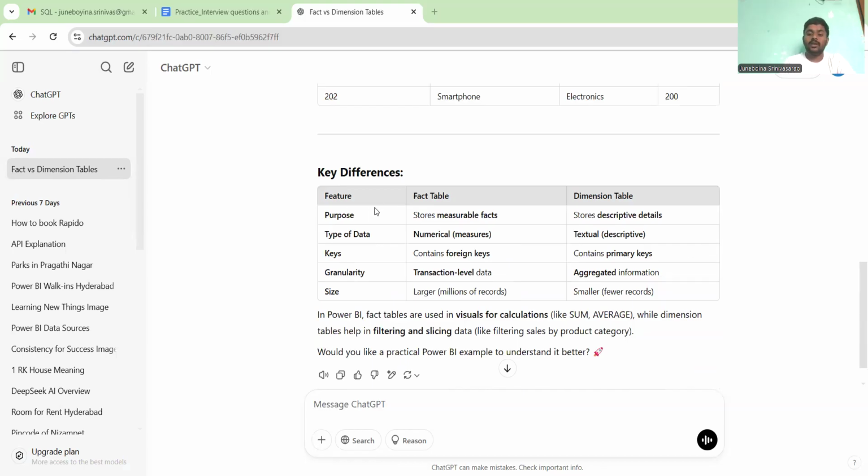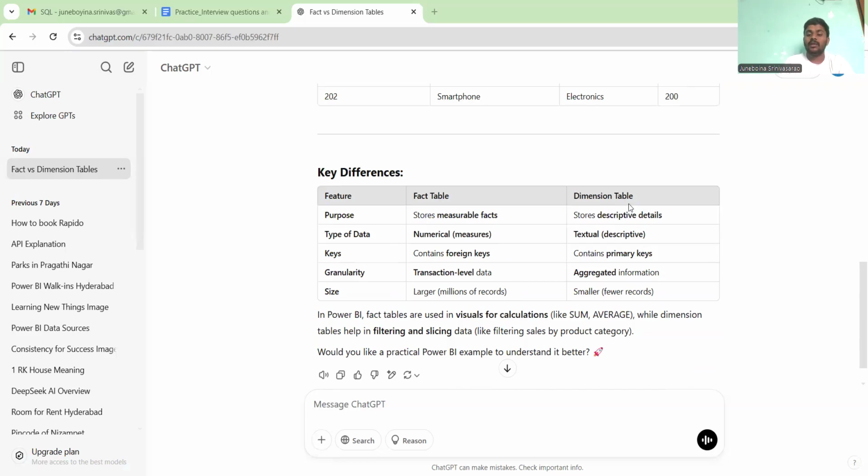Key differences. Here are some key differences between fact and dimension table. Fact table stores measures of facts. Dimension table stores descriptive details. The data presented in the fact table is numerical data. Those are measures.